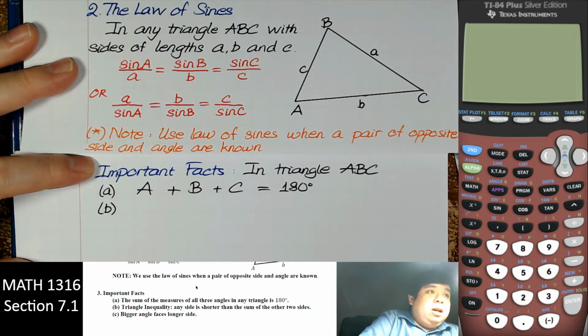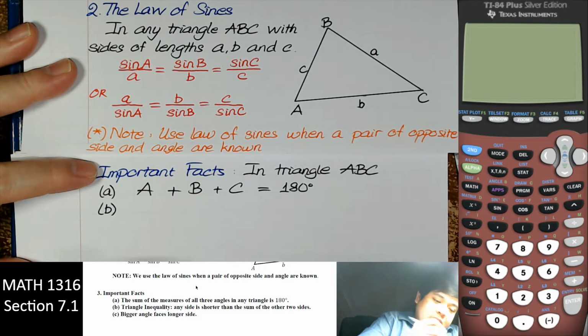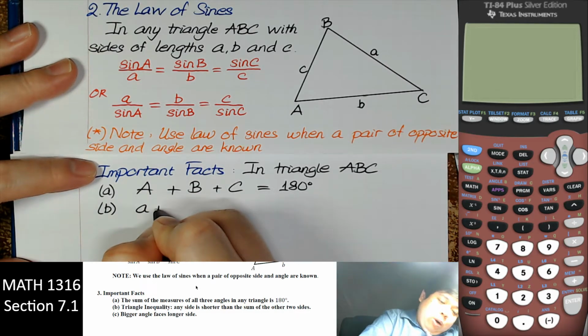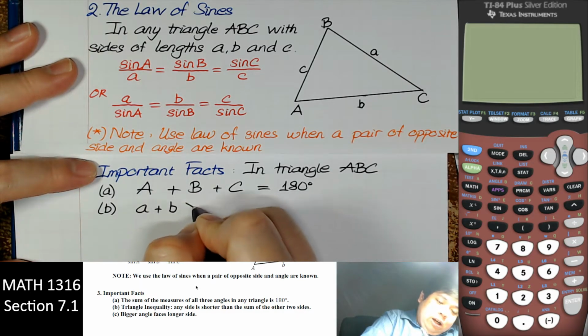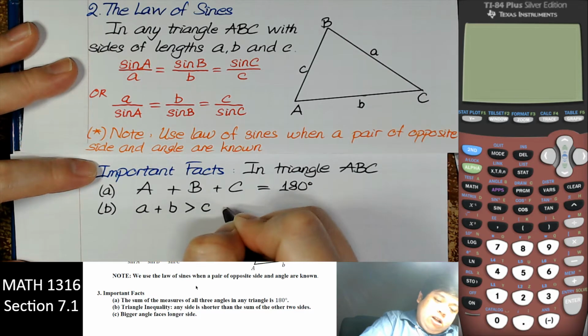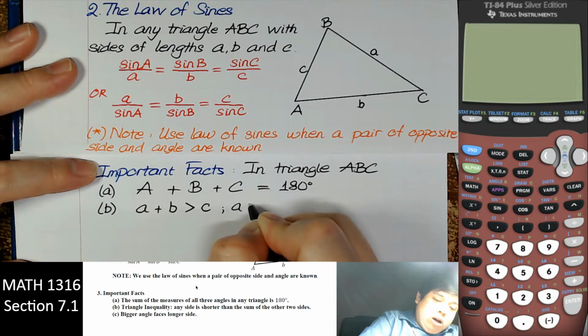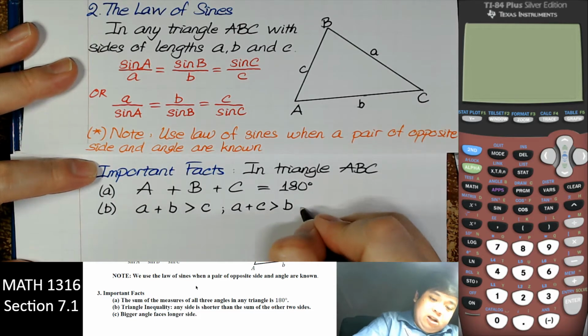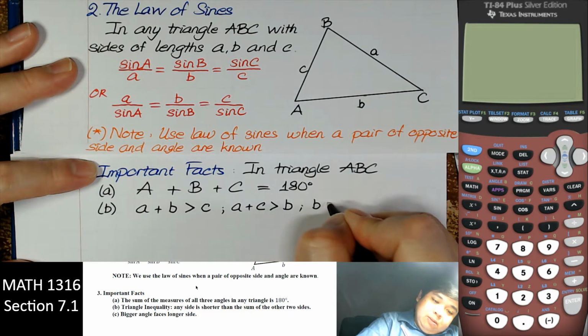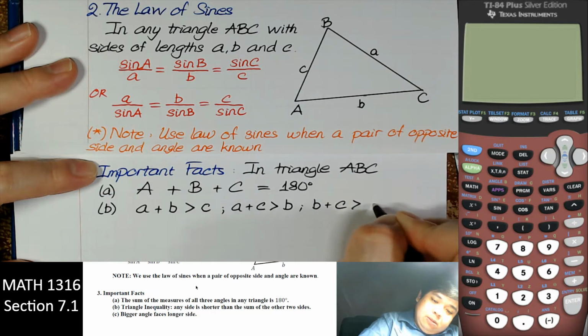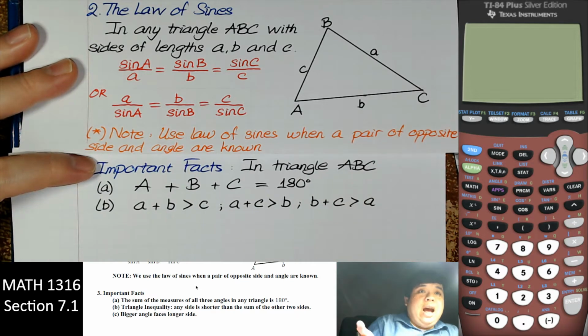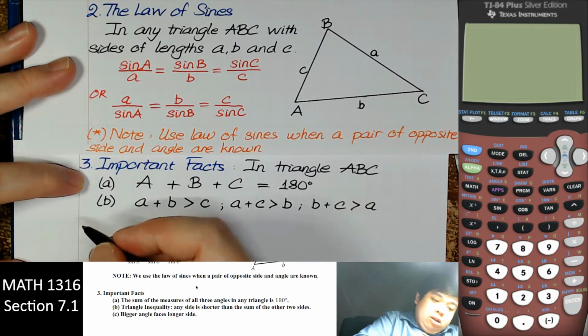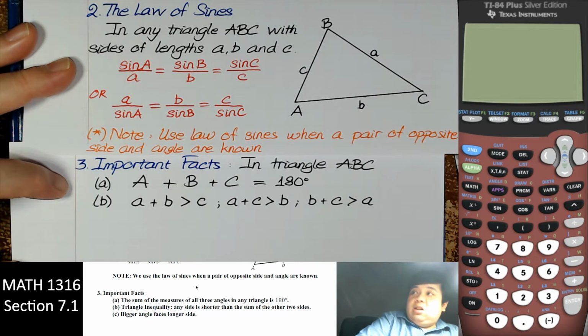Second, the triangle inequality. When we add two sides, the sum has to be bigger than the other side. It doesn't matter which two sides we add, it's always greater than the remaining side. Just take two, add them up, and it's going to be bigger than the other side.